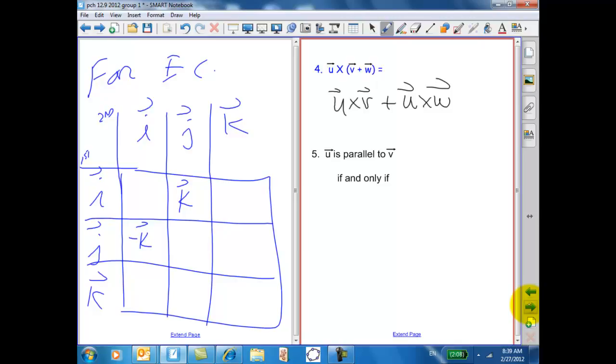And u is parallel to v if and only if the cross product u cross v equals 0. And we talked about the magnitude of u cross v equals 0. Because whether the angle is 0 or they're in opposite directions from each other, the sine of both of those is 0.